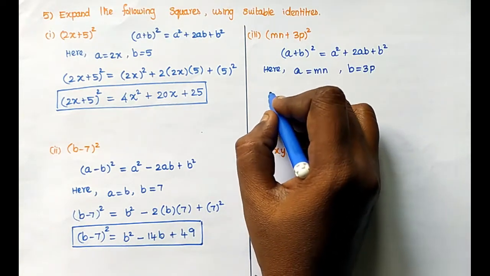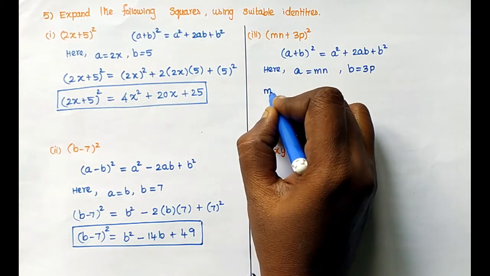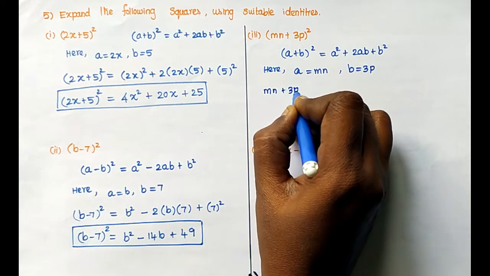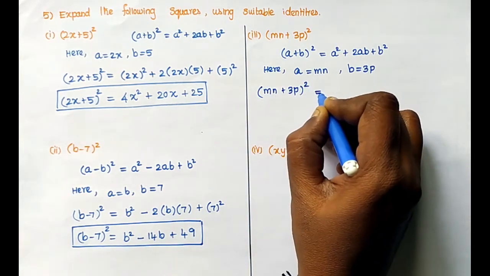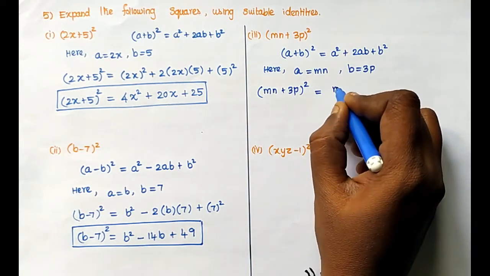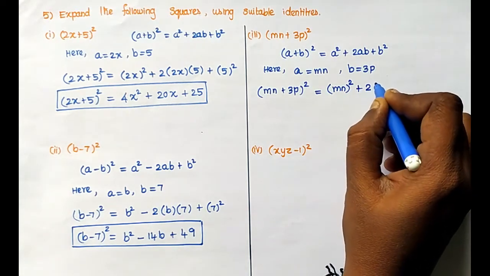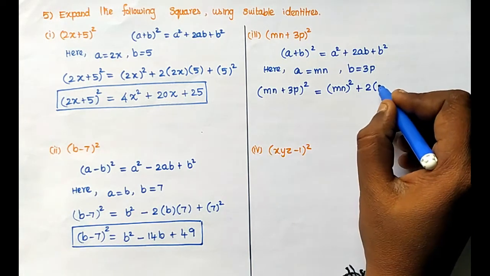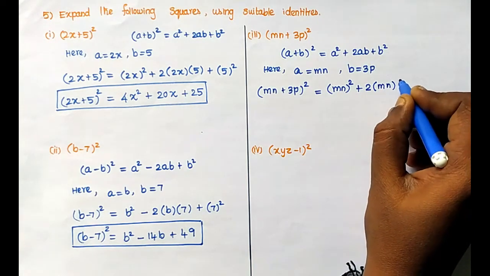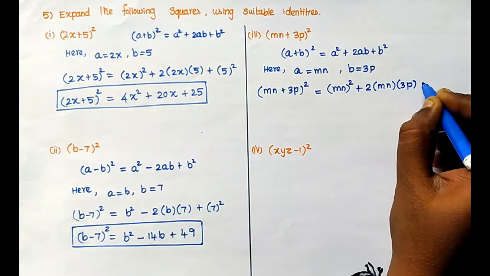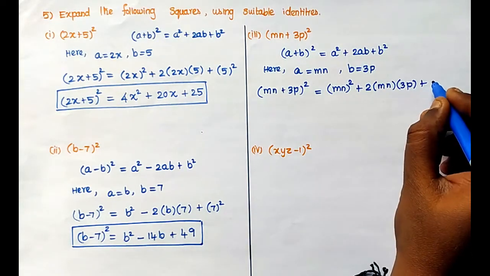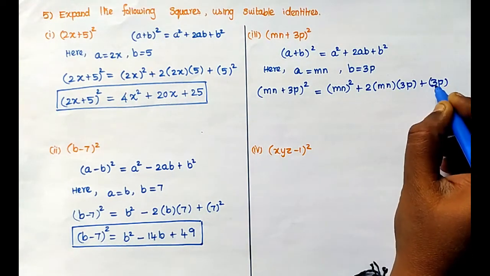Right. Now applying this formula, (mn + 3p) whole square is equal to first a square, (mn) whole square, plus 2 into ab, that is mn into 3p, plus b squared, (3p) whole squared.